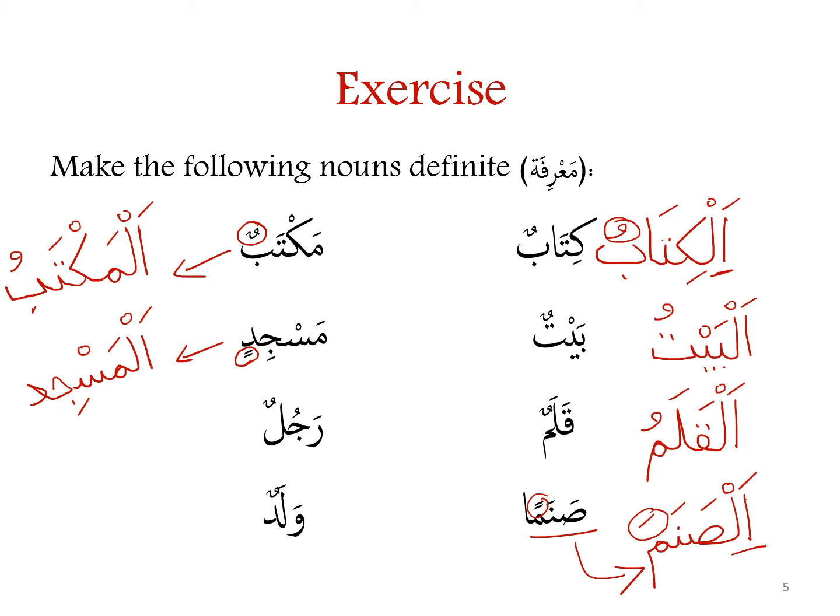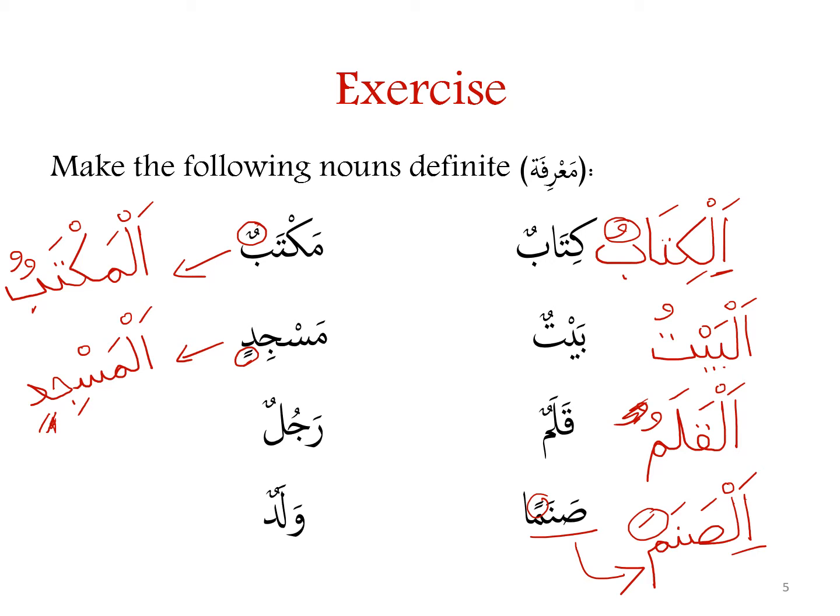Now it's important to note here that we can never add a tanween when there's an alif lam on there. In this case, al-maktabu, we can never say al-maktabun. Or al-qalamun. This is grammatically incorrect. When you have the definite article alif lam there, we need to have the single haraka.